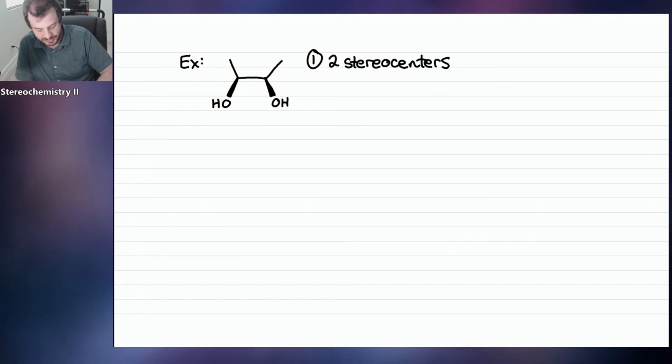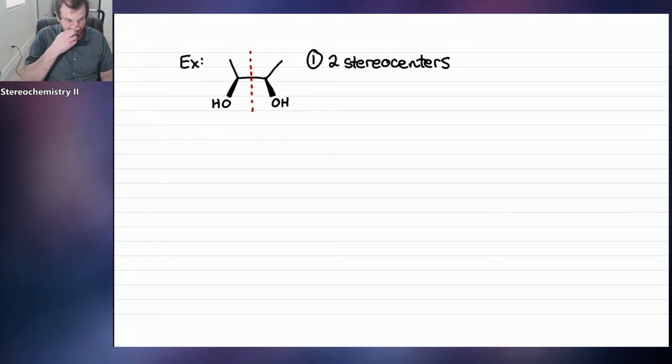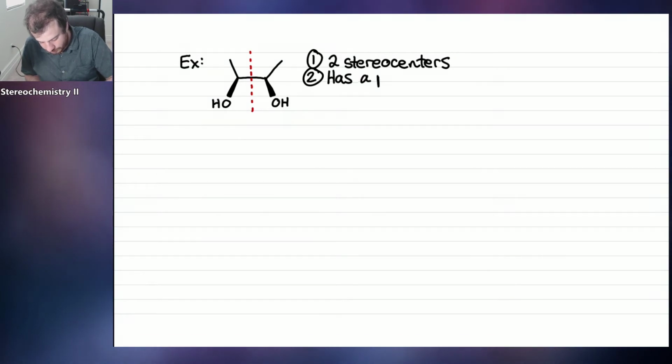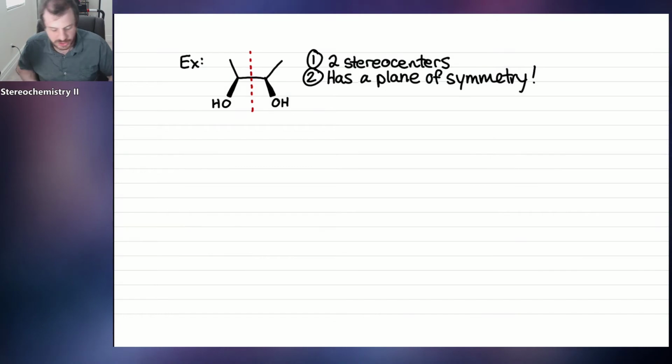But I think you can see pretty clearly here, we have a plane of symmetry as well, right down the middle. And remember, our definition of chiral means there cannot be a plane of symmetry. So because this has a plane of symmetry, it means it can't be chiral.